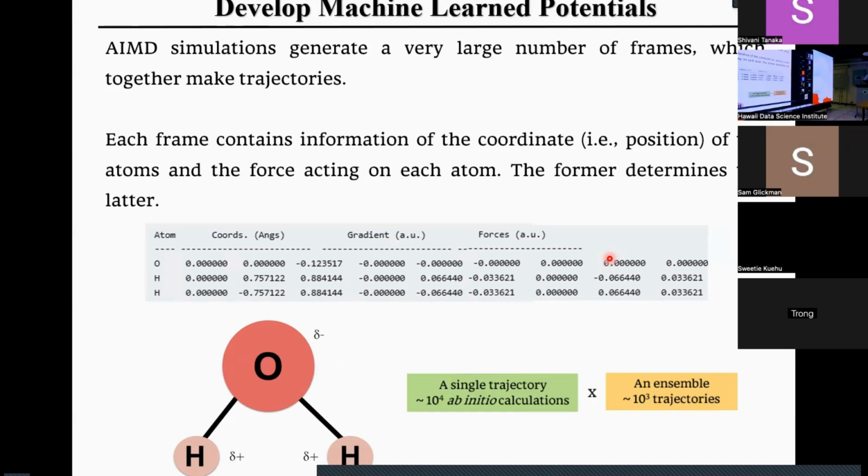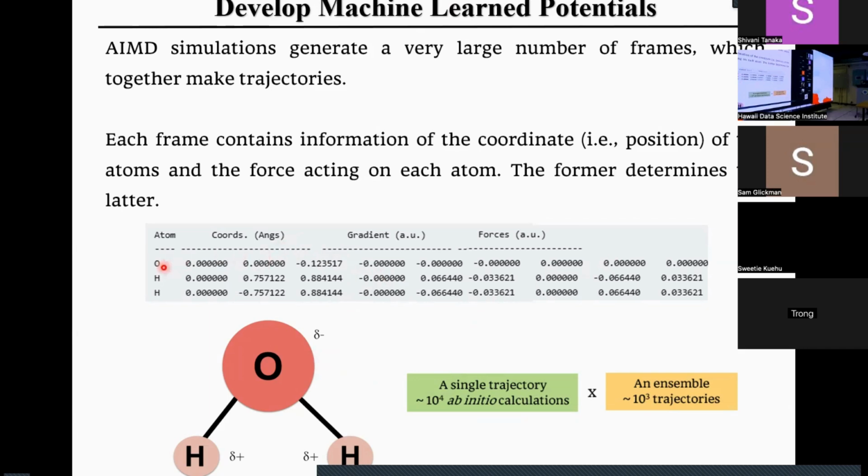What we have as a result of your AIMD simulation is a very large number of frames, and we told you what the frames are, right? Which together make a trajectory. If I can get into a little bit of detail here, I use the example of just a water molecule. This is what a typical frame looks like.